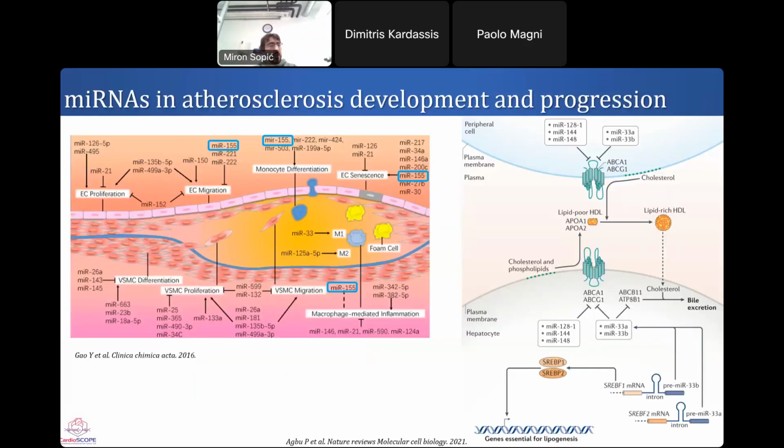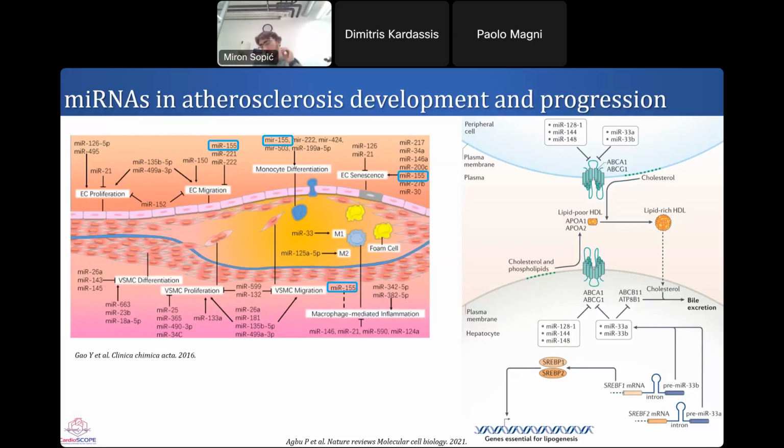These are just some microRNAs that are important in the context of atherosclerosis. I just put this representation here, so you can go through this image yourself and see how many different microRNAs are implicated in different parts of the atherosclerotic process and how they are enriched in different cell lines.